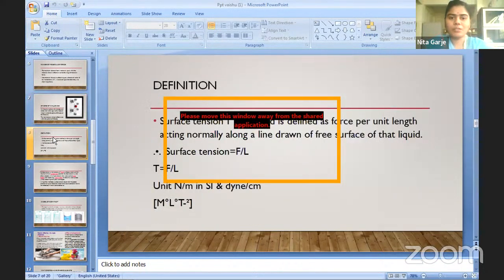Then the definition. The surface tension is defined as force per unit length acting normally along a line drawn on the free surface.